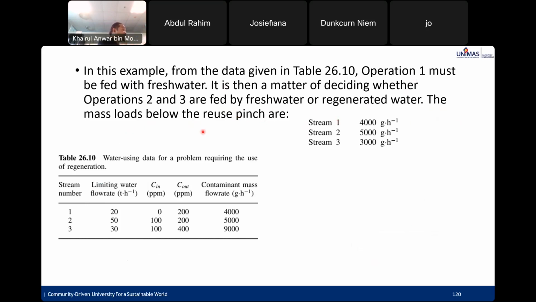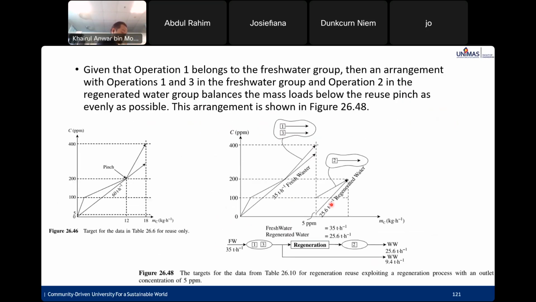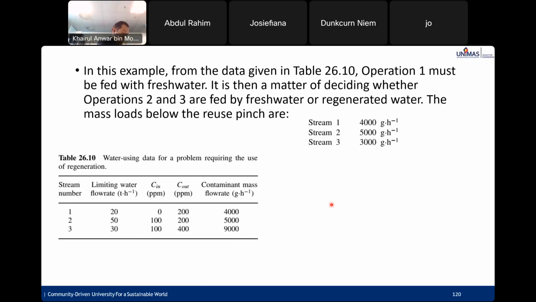So the mass load below the reuse pinch, stream 1 is 4,000, stream 2 is 5,000, stream 3 is 3,000. So 3,000, although in table 26.10 here, it's 9,000.